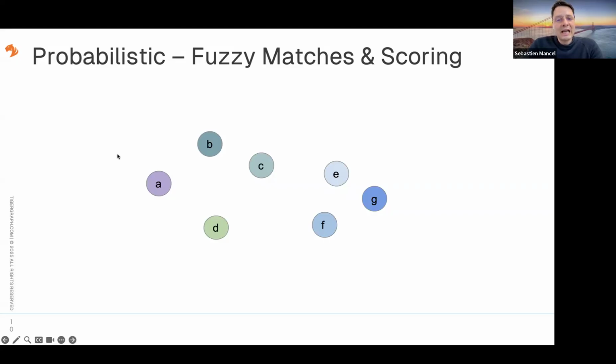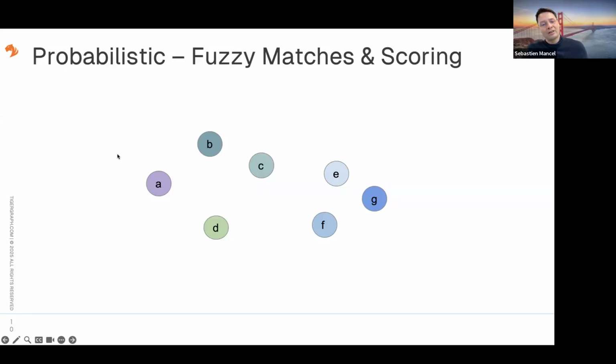Rather than looking at exact matches, it measures how similar two records are. Think of comparing Barry Markham with Beryl Markham. They're not identical, but there's enough overlap to warrant a closer look. On this slide, you see isolated points, disconnected records with no known relationships yet. At this stage, we don't know whether any of them belong together.